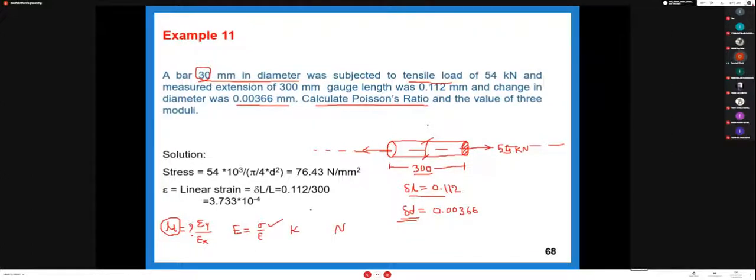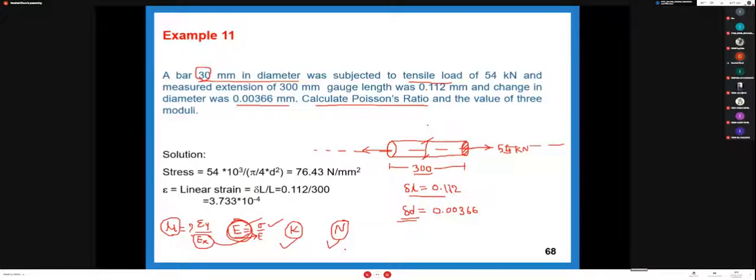So you get the stress value, and the strain, which we have already found, the linear strain. So you put this value here and you get the E value. Now based on the relation between E and K, you have to find out K, and from the relation between E and N, you have to find out the modulus of rigidity.